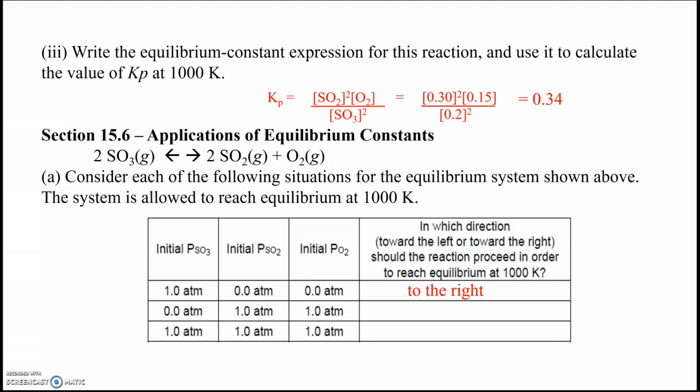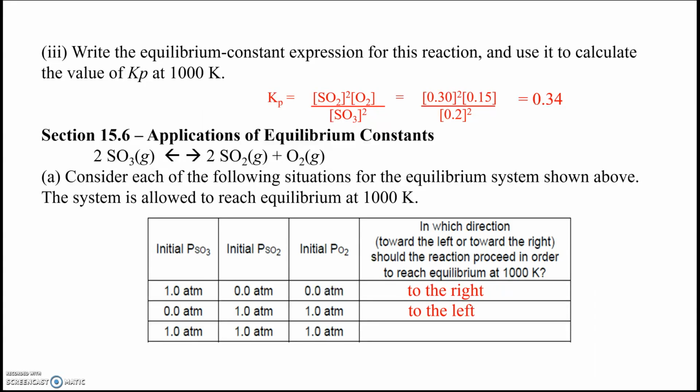So when I have 1 atmosphere of pressure of SO3 and no SO2 and O2, we know this reaction is going to move to the right. It's going to form SO2 and O2. On the other hand, when I have 0 sulfur trioxide, but I have sulfur dioxide and oxygen at a pressure that's greater than the equilibrium pressure, we know that this is going to move back to the left to form some sulfur trioxide.